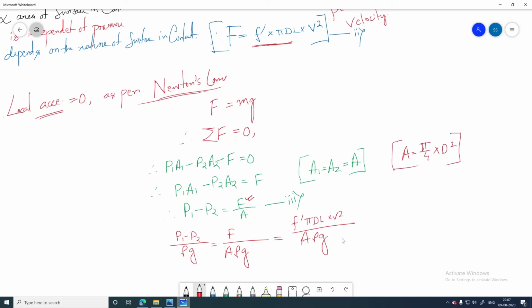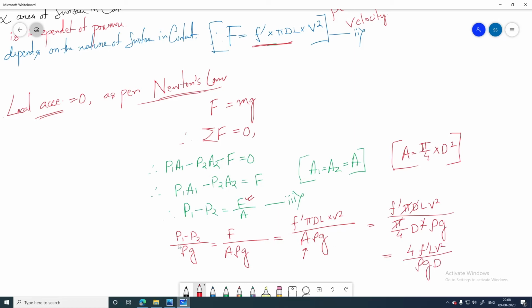So you can put over here in place of this A. If you write over here, what you get, that is F dash into pi dl into V square by pi by 4 into d square rho g. Okay, so here one d and square deducted, pi deducted. So ultimately the value that you get, that is 4 F dash L V square by rho g d.